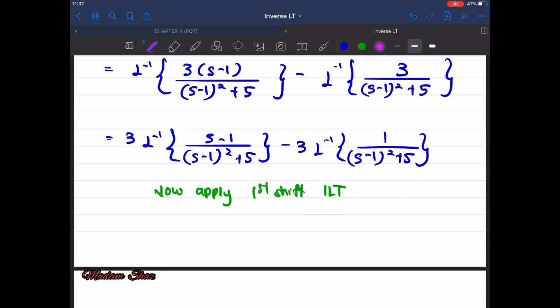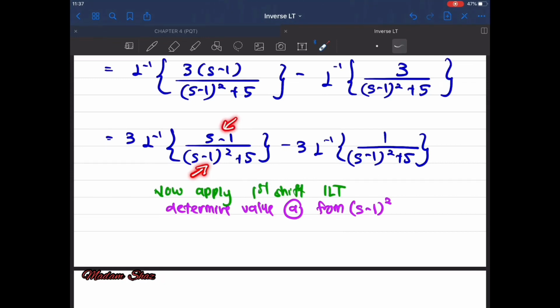You have to determine the value of a from s minus 1 to the power of 2, or without the power here. So from s minus 1 to the power of 2, our a is equal to positive 1.